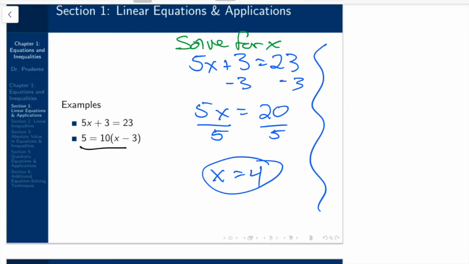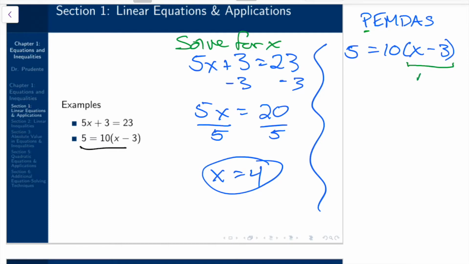If we look at our second example, 5 is equal to 10 times the quantity x minus 3. Again, I want to solve for x, and I want to say, okay, how can I simplify this? How can I start to solve this? And we always have to keep in mind our order of operations, PEMDAS, right? So the first thing we see is parentheses. So we say, can I simplify anything in this parentheses?